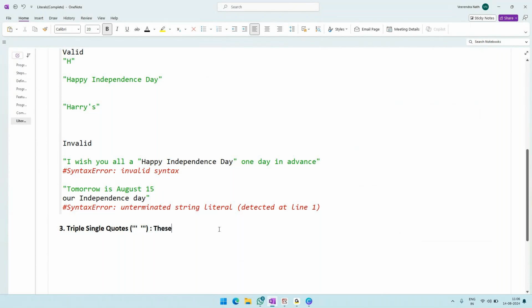These string literals can hold the collection of characters in multiple lines, along with apostrophe as well as double quotes.